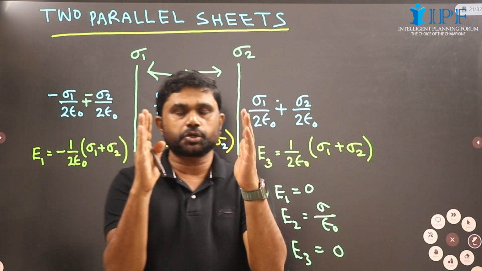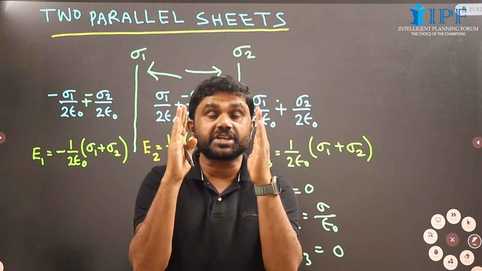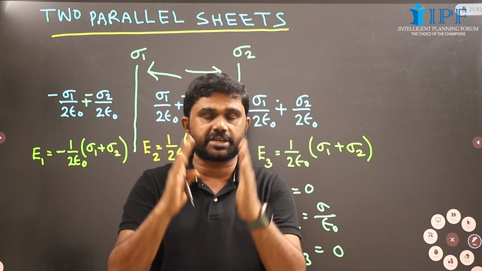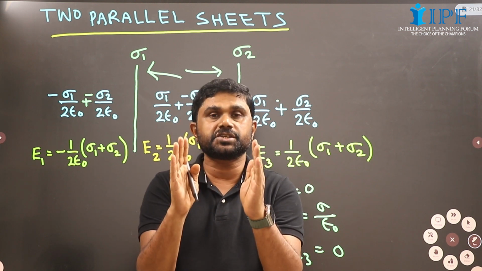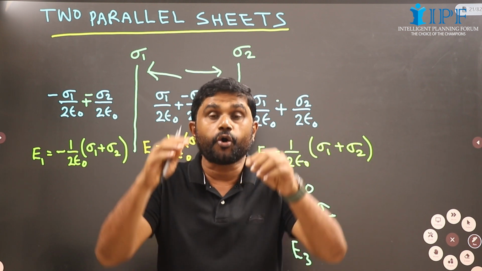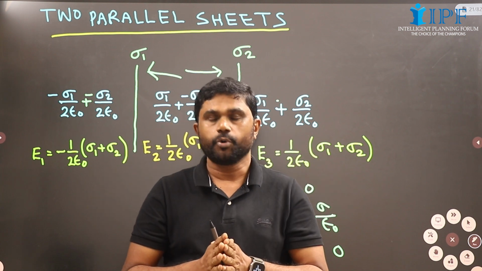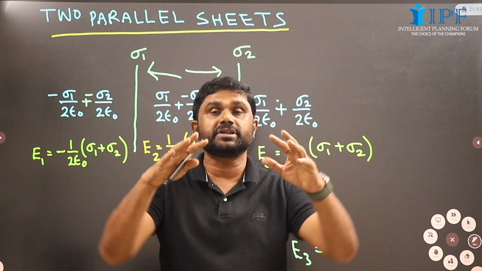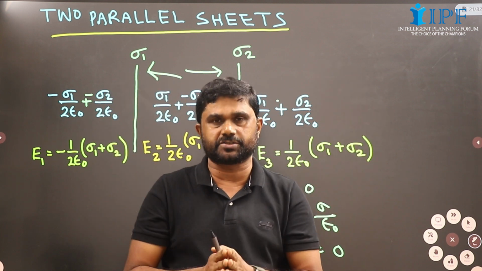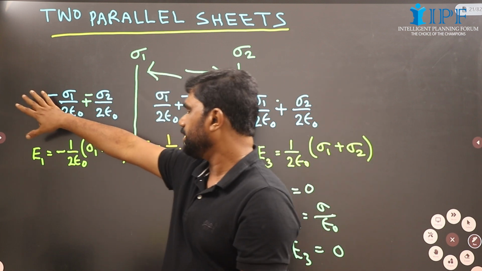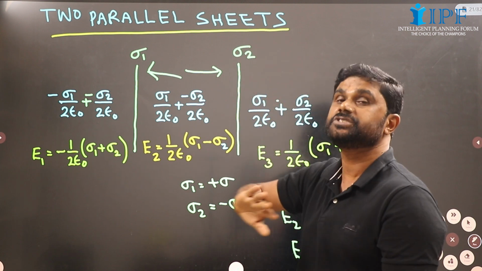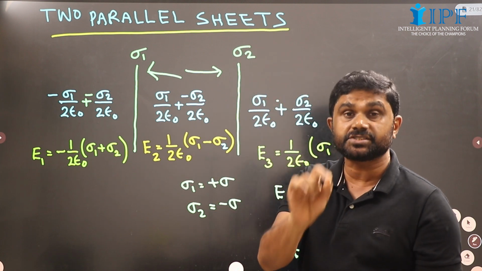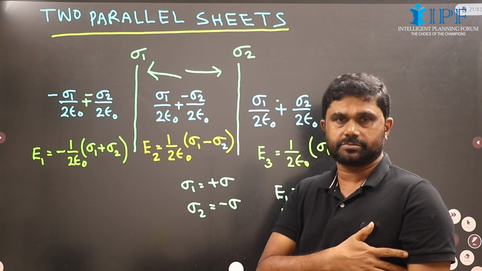So when there are two parallel metal plates with equal and opposite surface charge densities, the intensity of electric field will be there only in between the plates. The resultant intensity of electric field in regions outside these plates, meaning on the left or on the right, will be 0. Field exists only in between the plates.